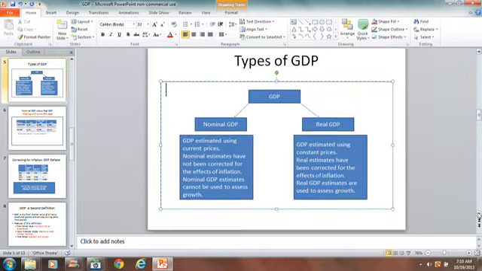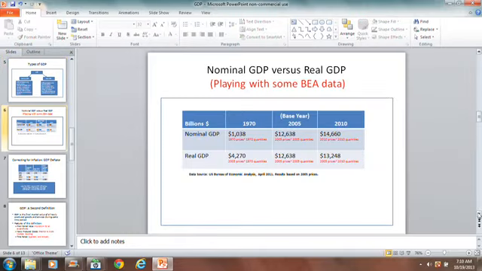All right. Let's look at an example, some data to make the distinction. I have some data here that I'm using from the Bureau of Economic Analysis. This is something they released in April of 2011, and it gives me the nominal GDP and the real GDP for select years.